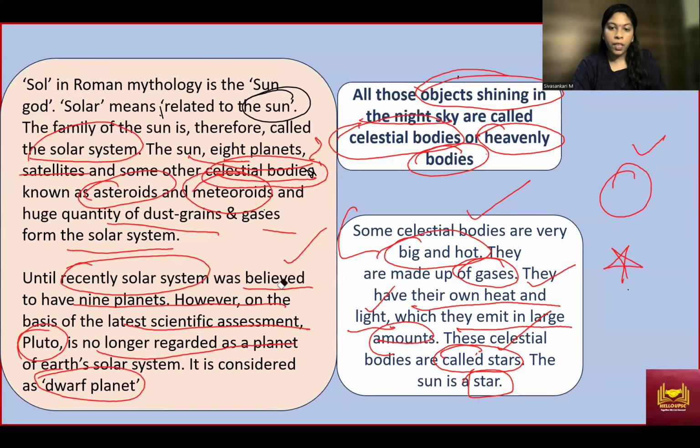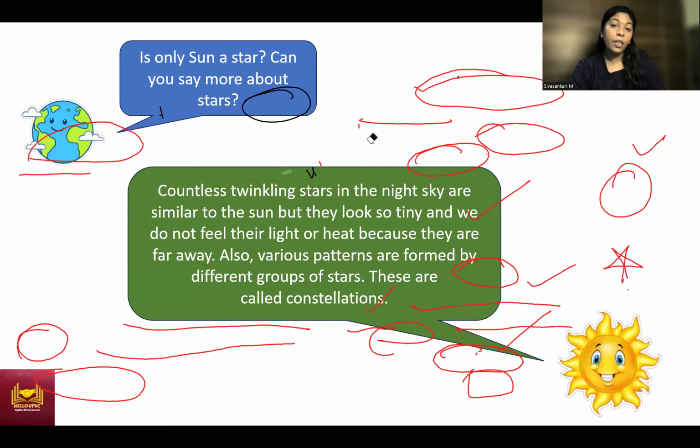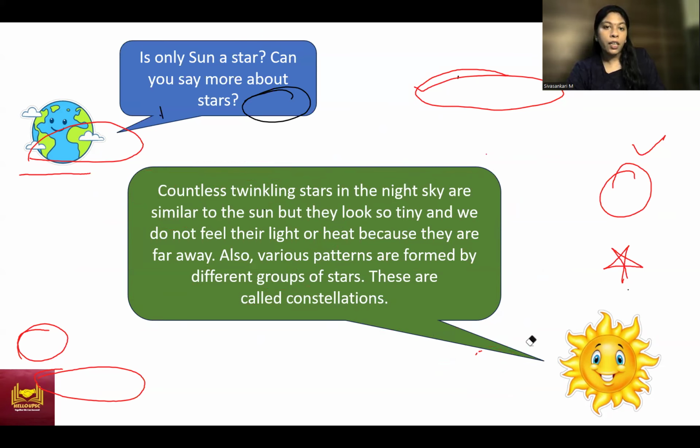And now we'll move to the next slide. See, is there only one star and it is called sun, or are there any other stars? Okay, so that only we are going to see. As I have already mentioned, there are enormous stars within a galaxy itself. And you can see countless twinkling stars in the night sky, which we see when we go out at night.